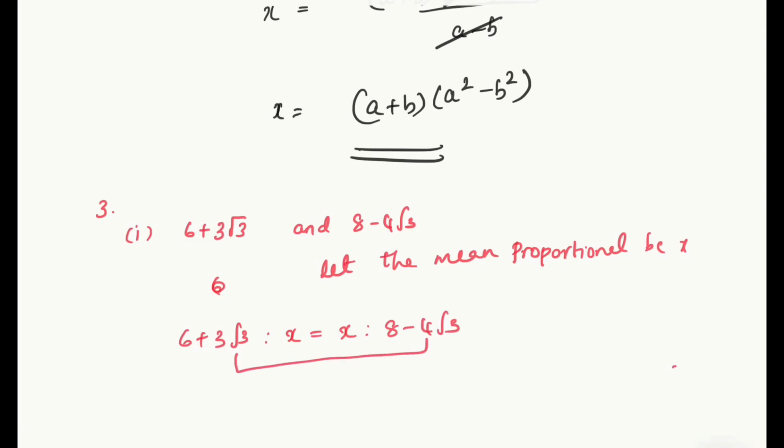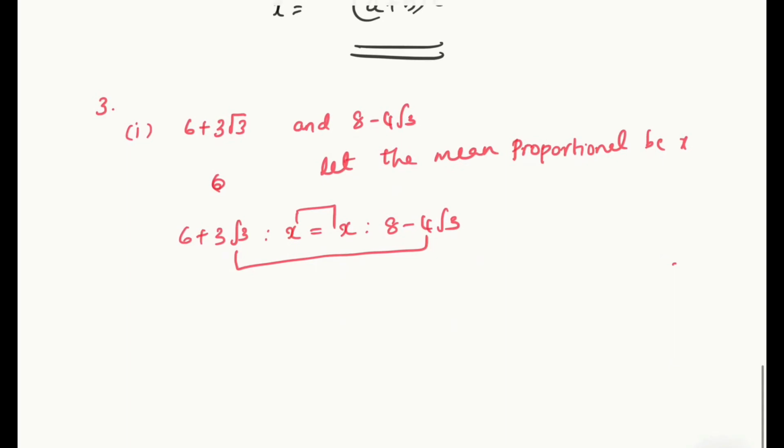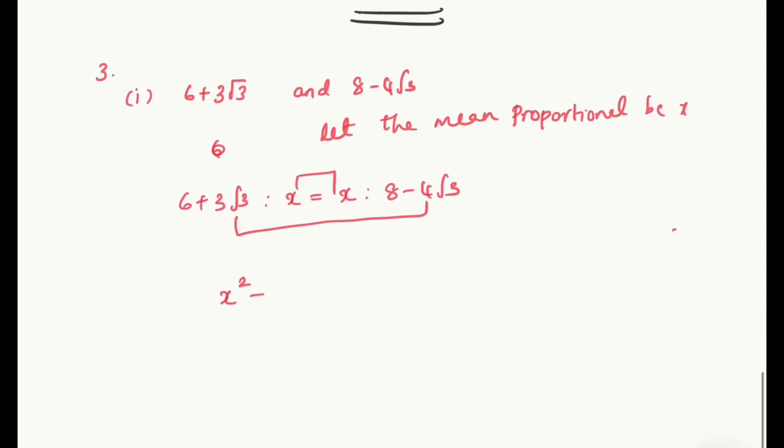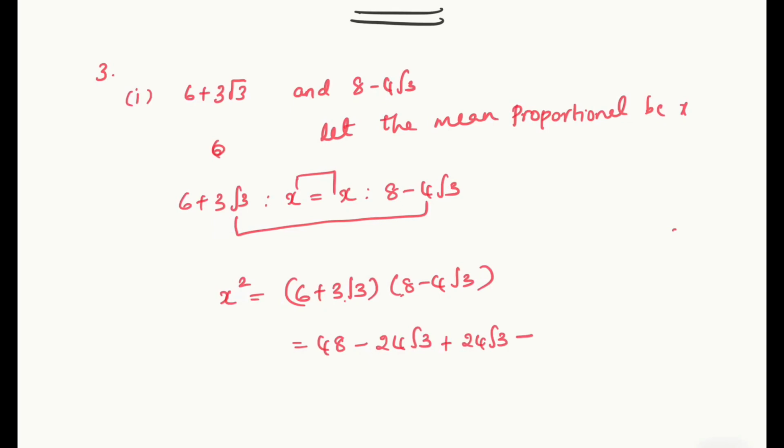So I get x square equals 6 plus 3 root 3 into 8 minus 4 root 3. 6 eights are 48. 6 fours are 24 root 3 plus 3 eights are 24 root 3 minus 3 fours are 12.